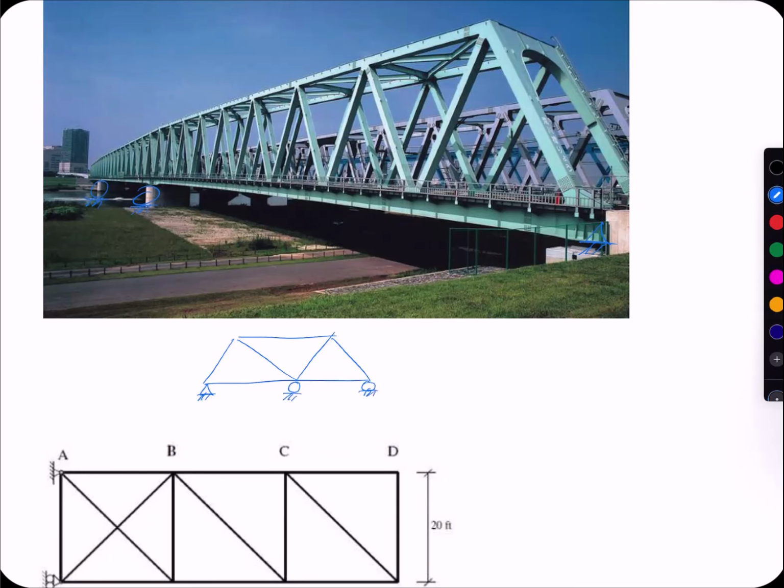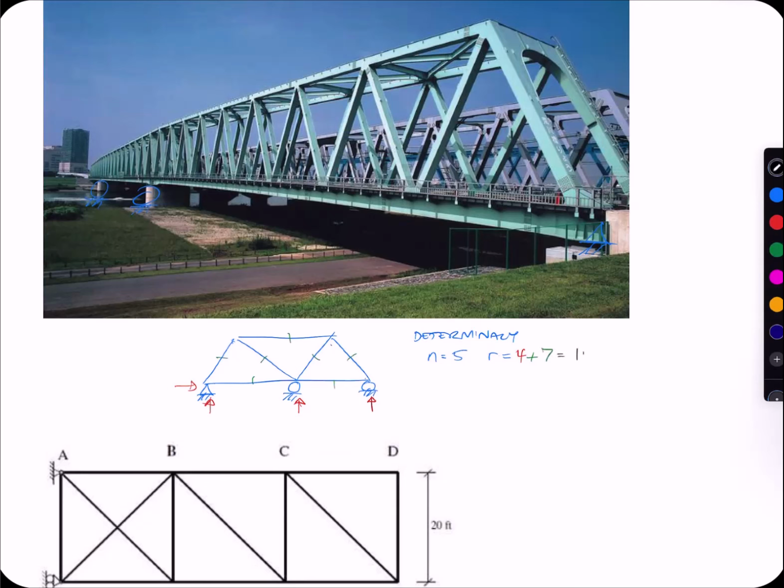And if we were to check the determinacy on this, we would find N as the number of joints, 1, 2, 3, 4, 5. R is the number of external reactions, 1, 2, 3, 4, plus the number of members, 1, 2, 3, 4, 5, 6, 7.